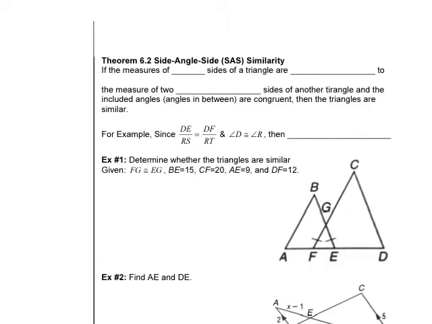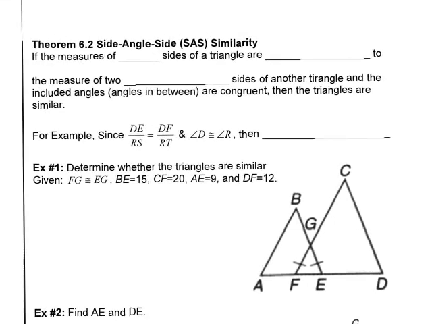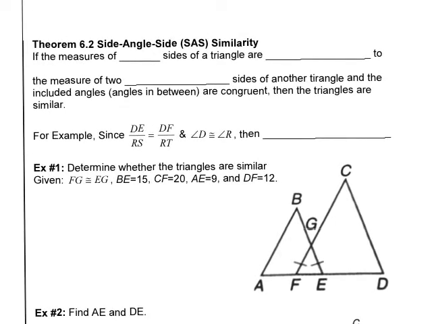And then we have another theorem, that's SAS similarity. That one says that if the measures of two sides of a triangle are proportional to the measures of two corresponding sides, I'm just going to write CORR, but that stands for corresponding, of another triangle, and the included angle, or the angle in between, are congruent, then the triangles are similar.